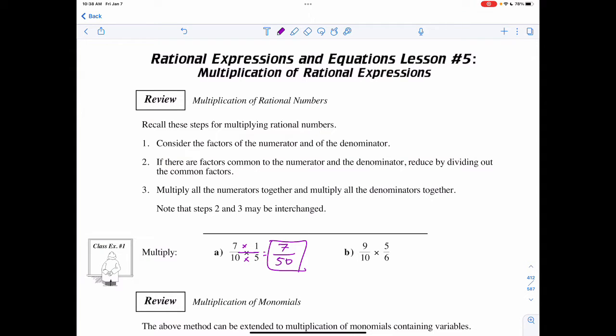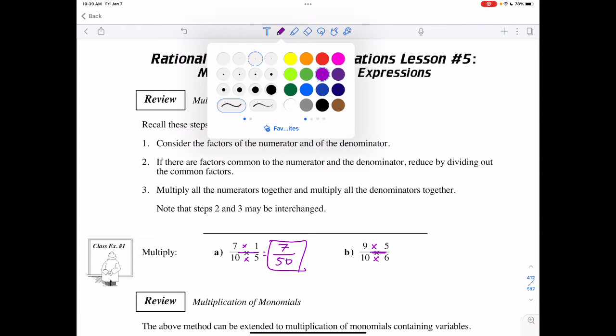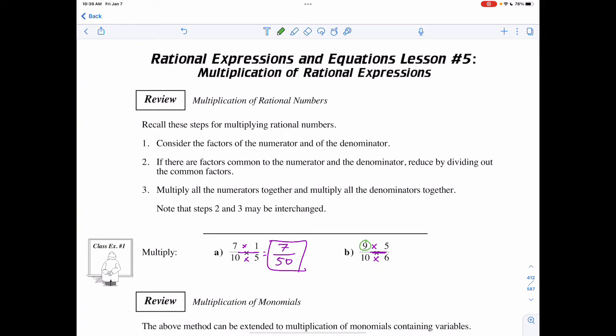Because I can look at it that way, when I get to example B, I don't need to look just at simplifying directly over top of the fraction. I can simplify any number that's being multiplied in the numerator from any number that's being multiplied in the denominator. Which means that when I see a 6 and a 9 here, I can simplify both of those by dividing them both by 3, which means that that's going to be 3 and that's going to be 2.